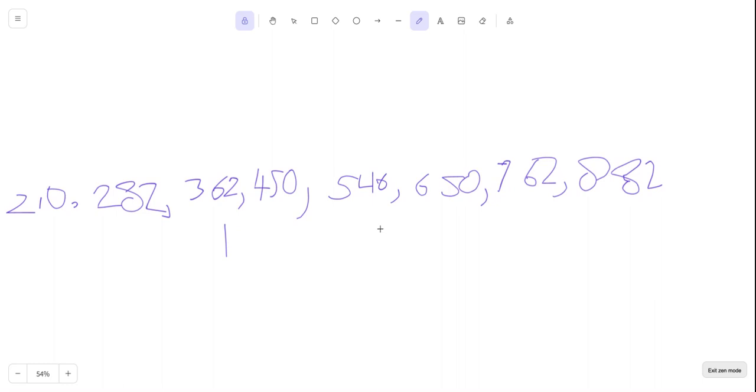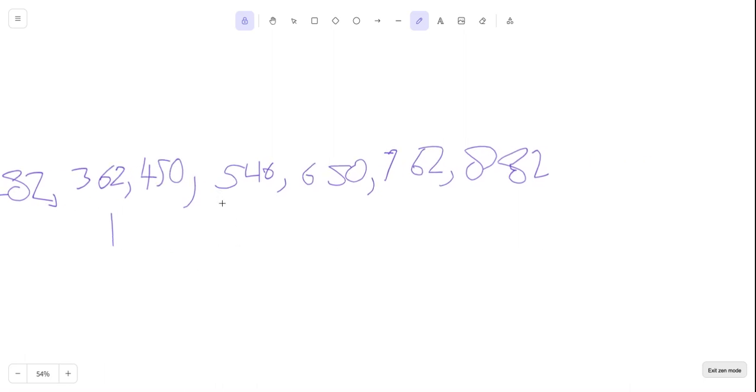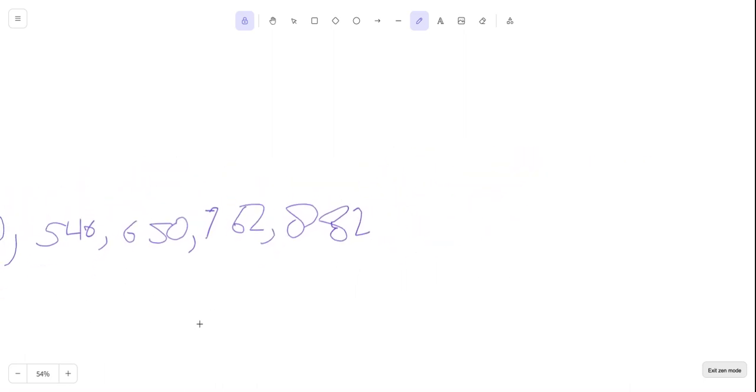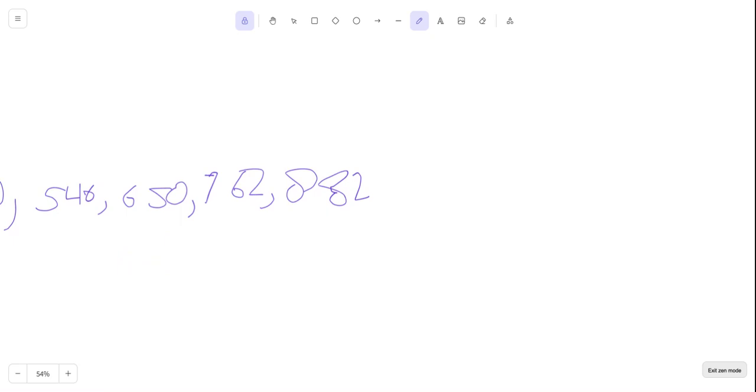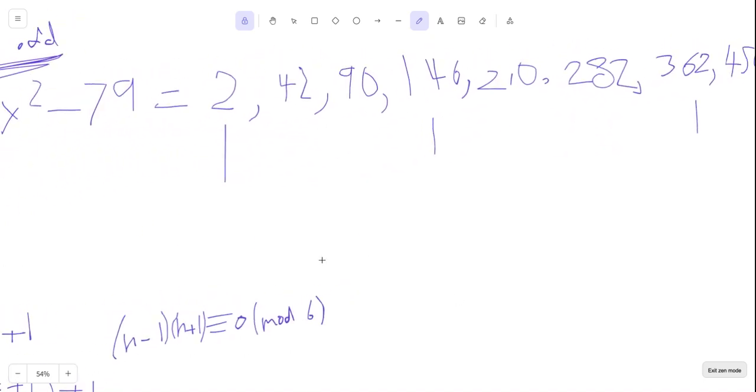No, it's not. 546, which is 273, it's not. 650 is 325. Okay, it is. And then 762 would be 381. That's not. 882 is 441. No, it's not. Okay, we have only 4 to test.